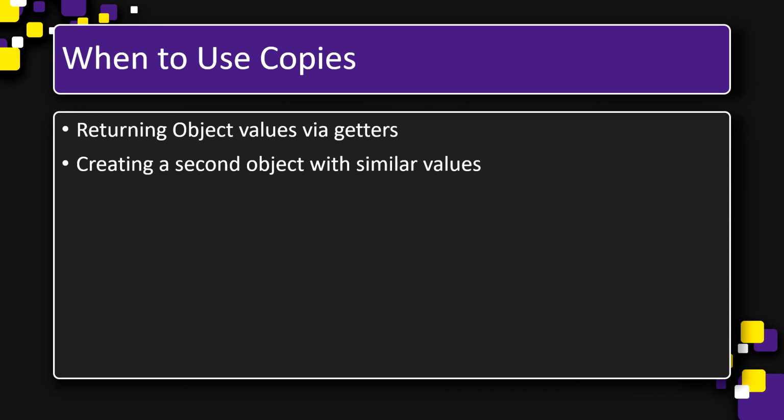But if we are returning an internal object from our class, maybe for example, we have an employee directory class and we're wanting to return a specific employee out of that class, we want to actually copy that employee.